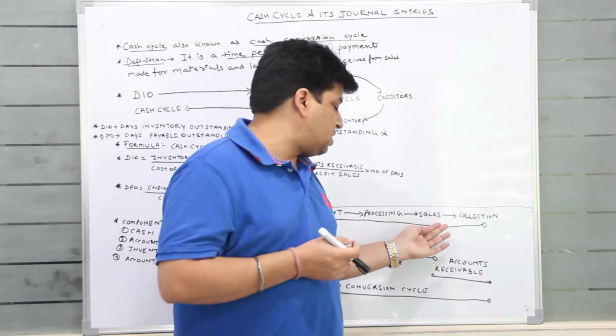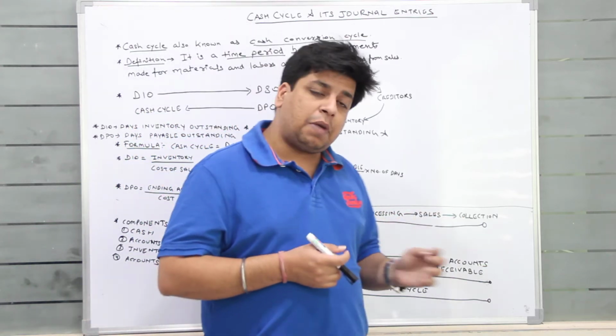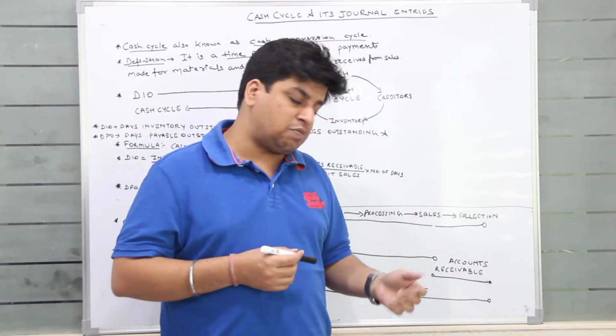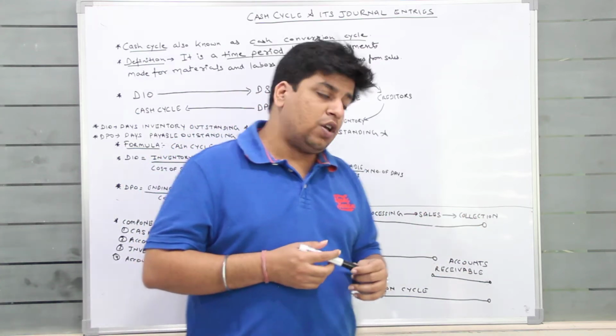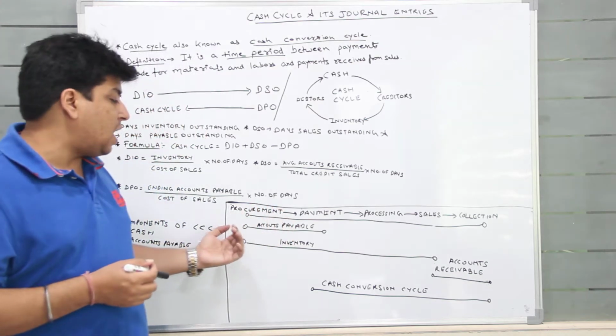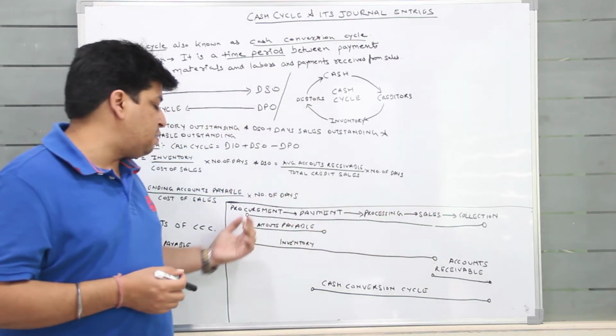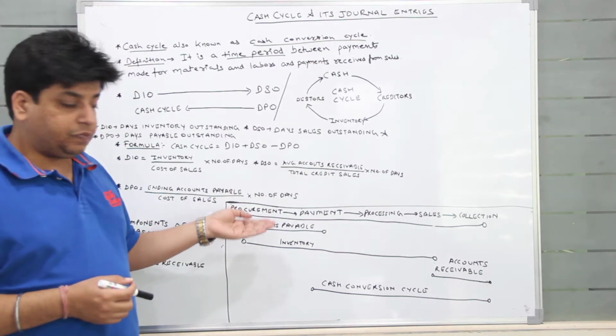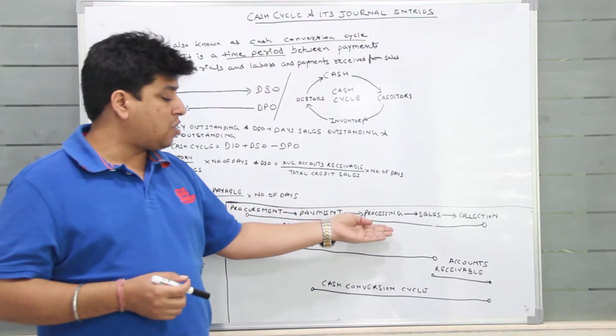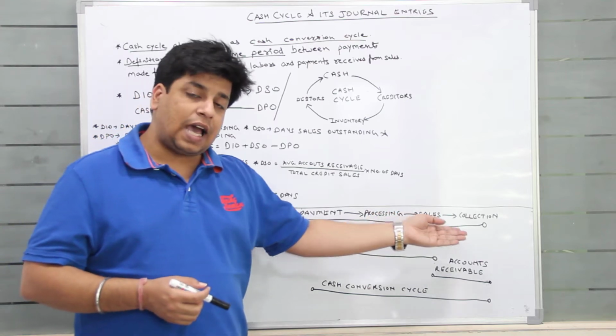So once sales is done, we need to collect money from the customers to whom we have sold goods on credit. So last stage will be collection. So if we see this is the entire time frame that is represented through this particular line, and the stages are procurement, payment, processing, sales and collection.